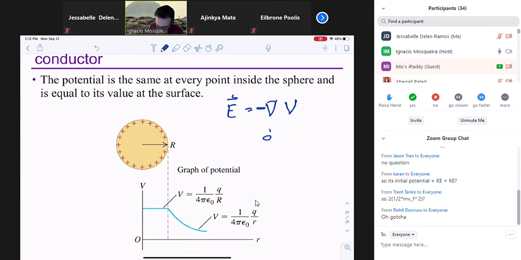But let's just see: if I take the derivative with respect to radius of whatever is here, do I get the thing above? That's the question. So if I take the derivative with respect to radius of 1 over radius, what do I get? Well, actually, this is minus 1 over r squared, the derivative of 1 over r.